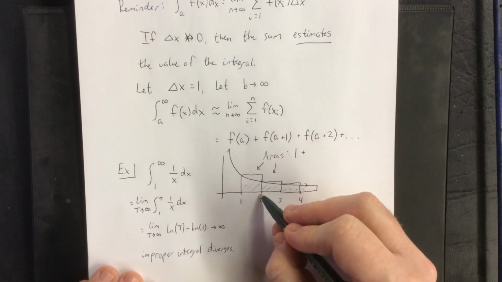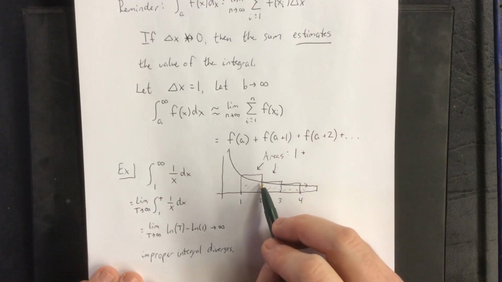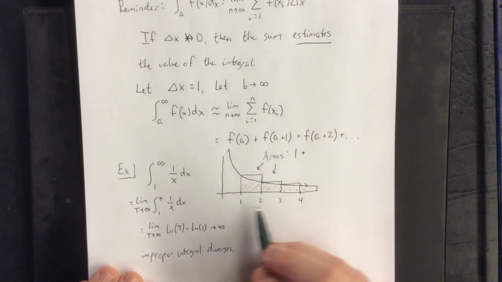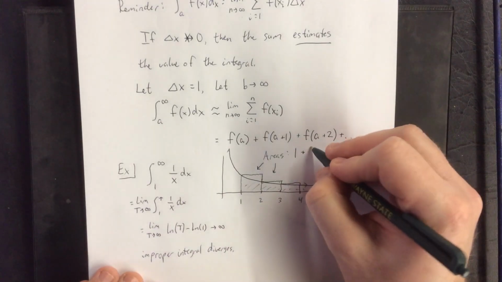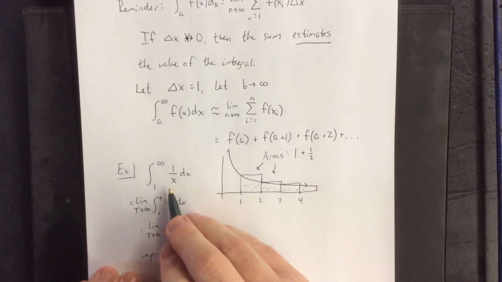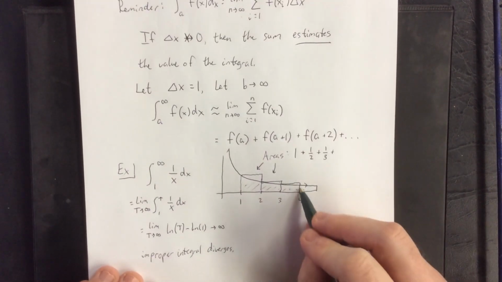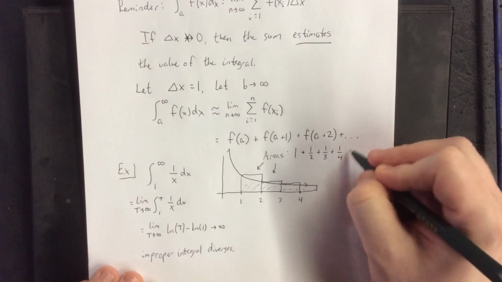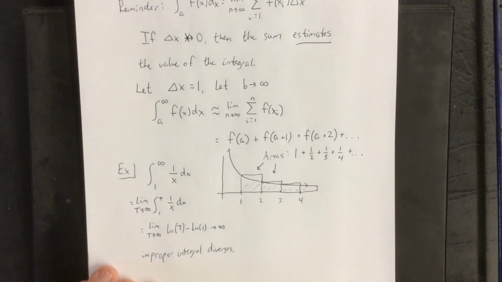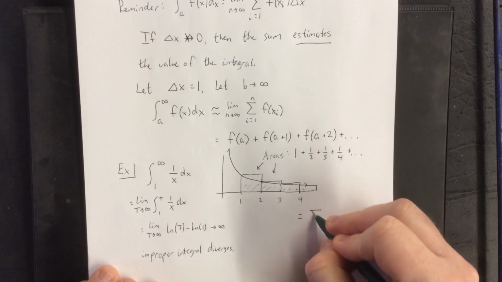This rectangle would be a height of 1/2 and a length of 1. I know that this is 1/2 because at x equals 2, 1 over x gives me 1/2. The next rectangle, when x is 3, y is 1/3. For the next one, y is 1/4. Delta x is still 1. What you can see resulting here is the harmonic series exactly.